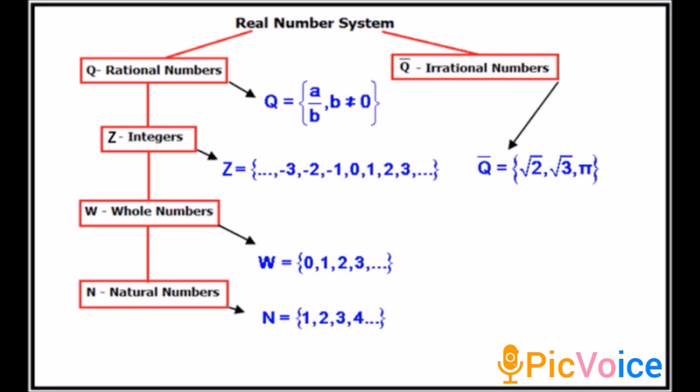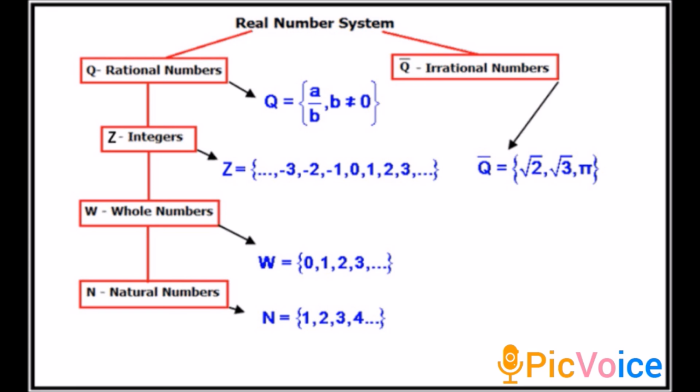See this arrow diagram, children. First you are seeing the real number system. It is mainly divided into rational numbers and irrational numbers as I said earlier. Then rational numbers extend into integers, integers extend into whole numbers, and inside the whole numbers we see the natural numbers.